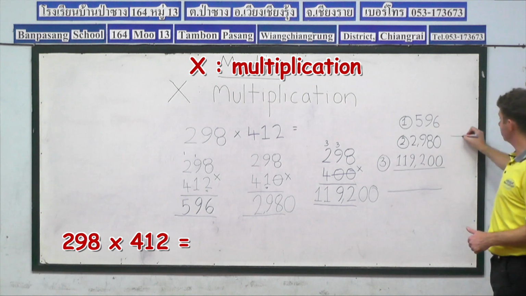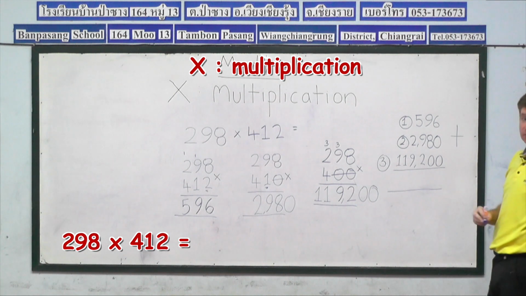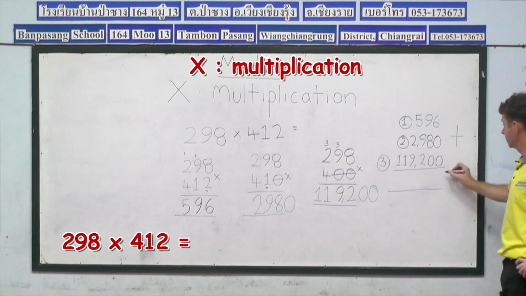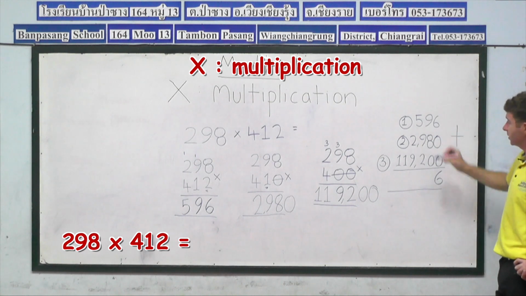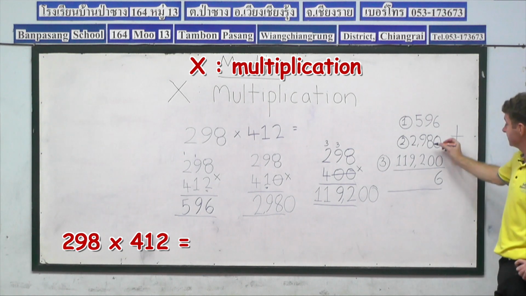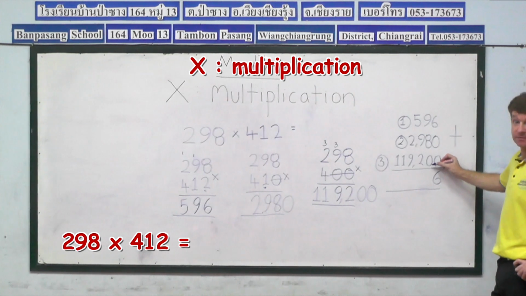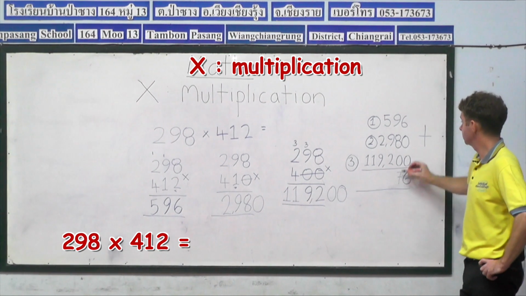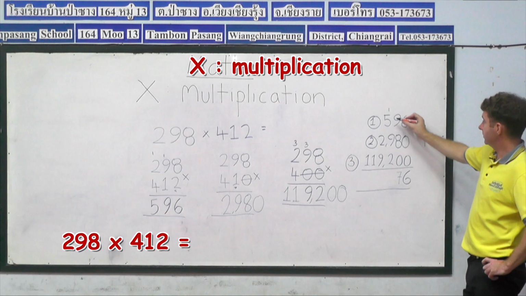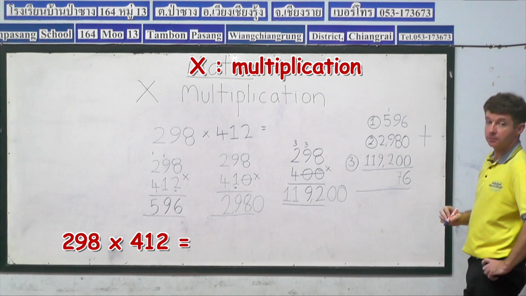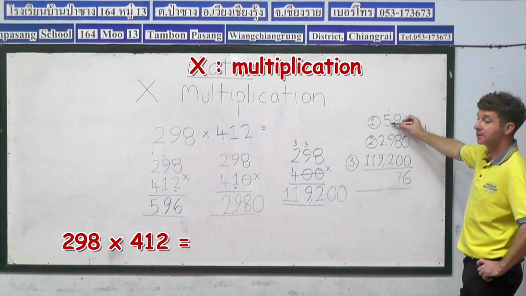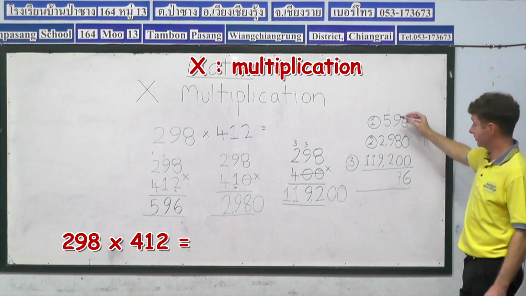Now we're ready for our final addition calculation. 6 plus 0 plus 0 equals 6. 9 plus 8? 17 plus 0? 17. So 7, carry 1. And then 9 plus 2 plus 5 plus 1? 17.